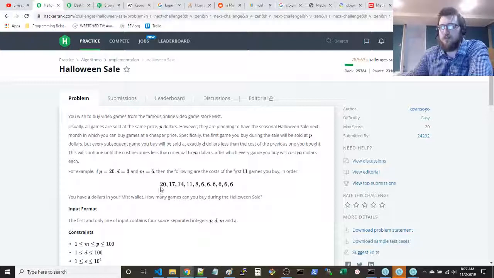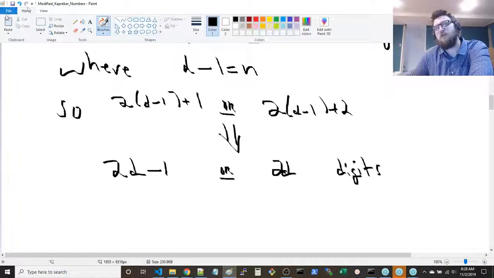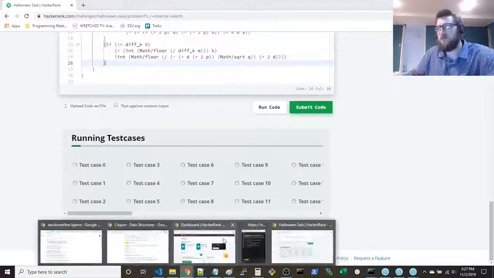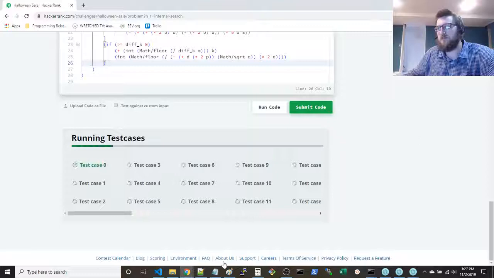You want to figure out how many terms down you've got to go until you've hit M, which takes a little bit of math. So let's do that. This is a good, interesting problem. See how we do.